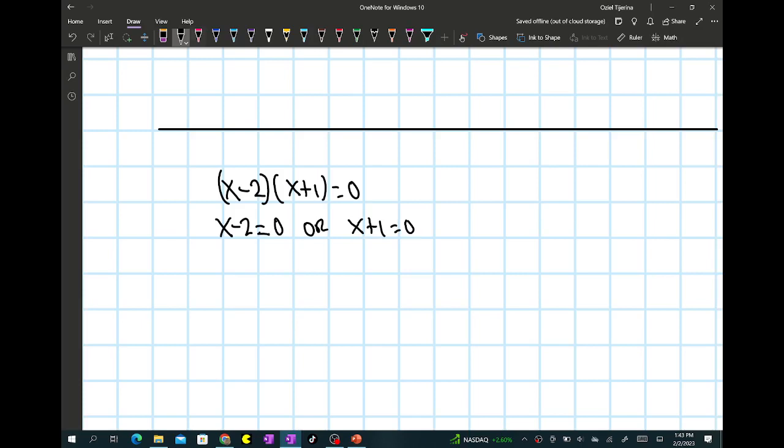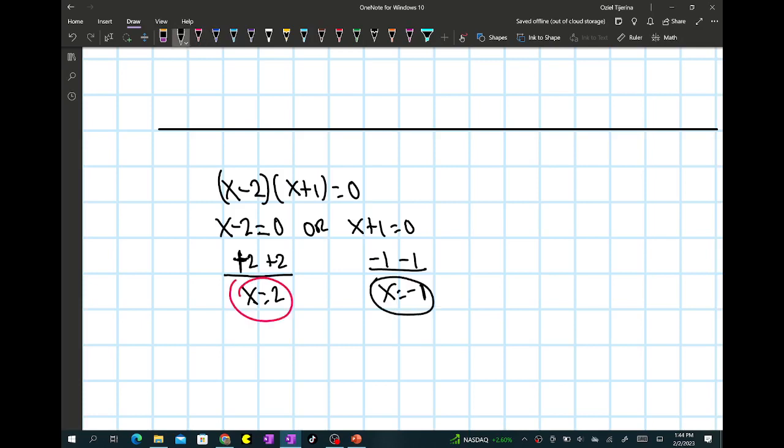Then I'm going to solve each of them for x. We have a plus 2 here, and we get x equals 2, and over here we do minus 1, and we get x equals negative 1, right?